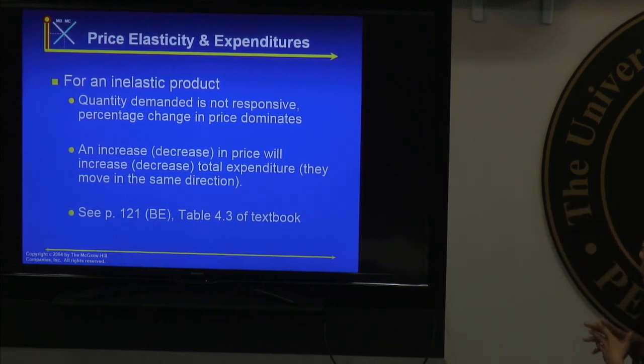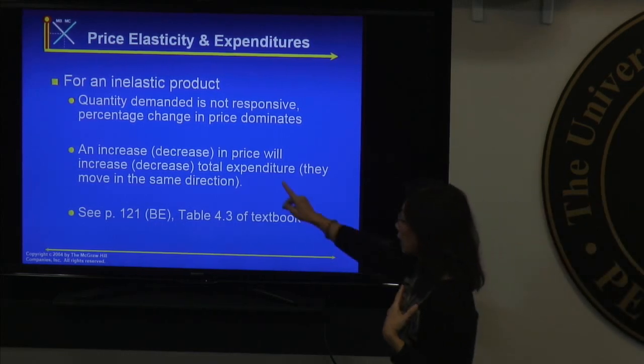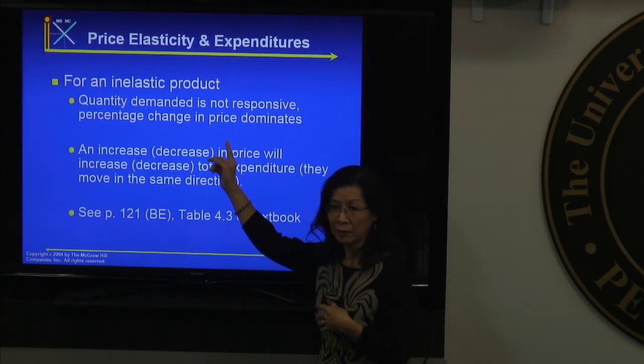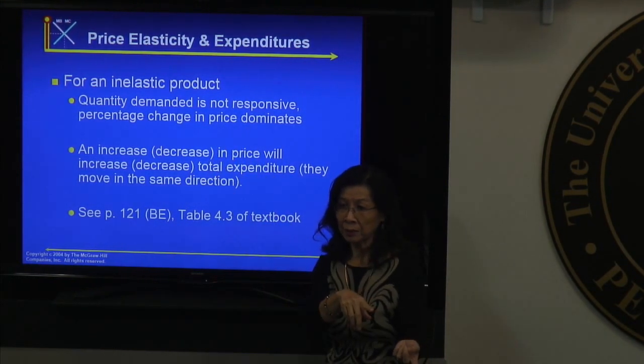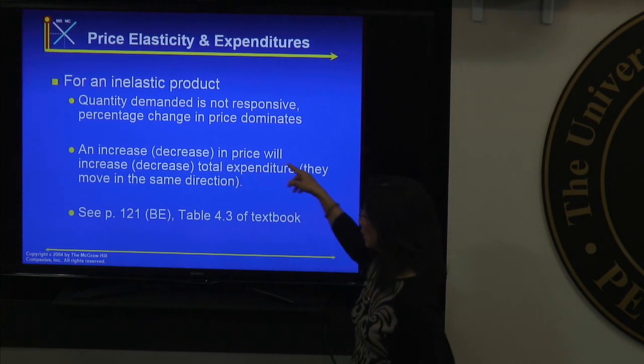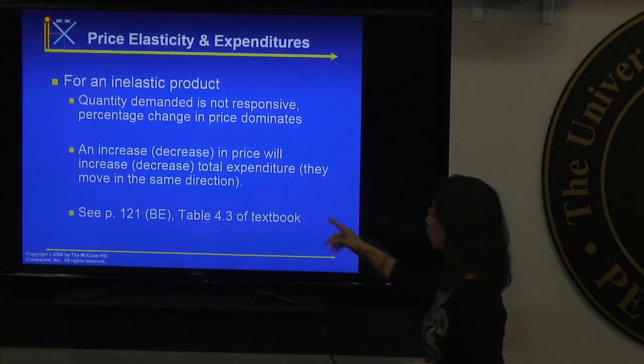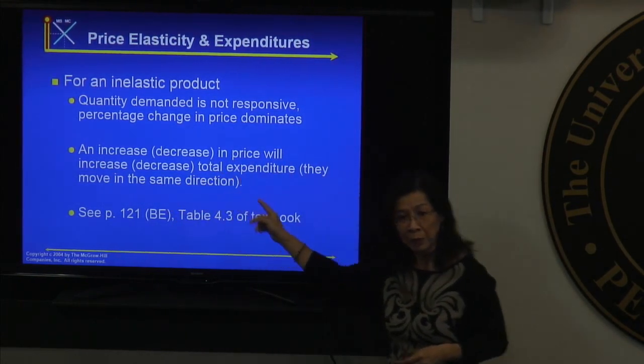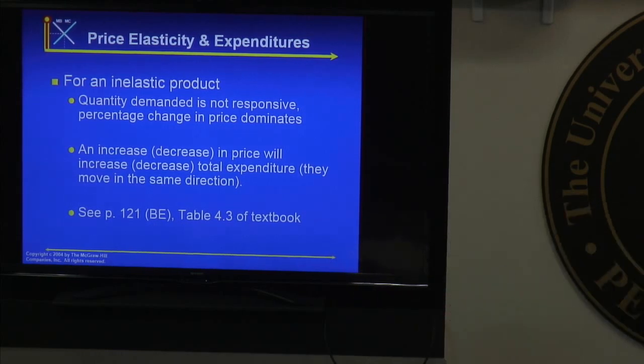So quantity demanded is not responsive, the percentage change in price dominates. And that's what the diagram showed, right? Okay, so therefore, if you increase the price, it will also increase the total expenditure. And now they move in the same direction, so that's what it means here.